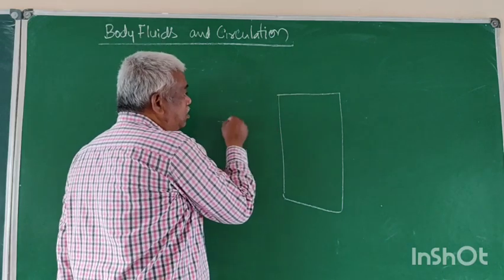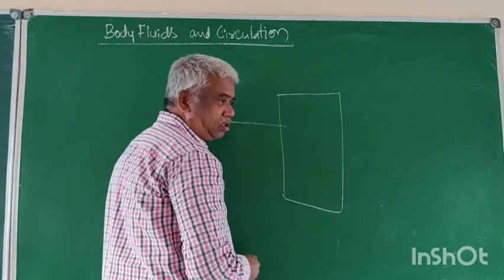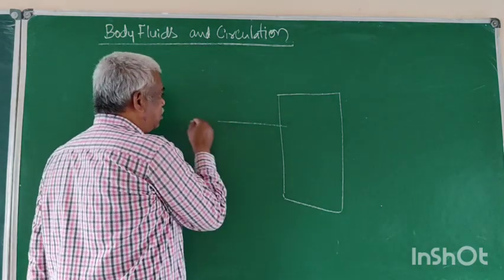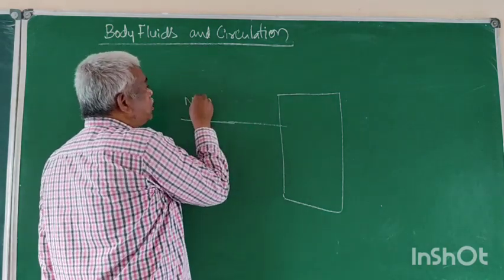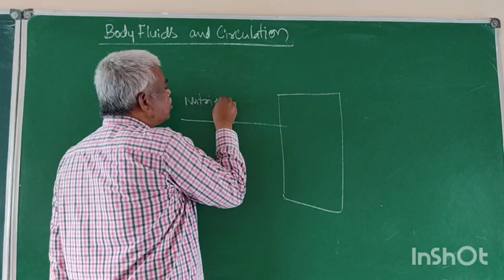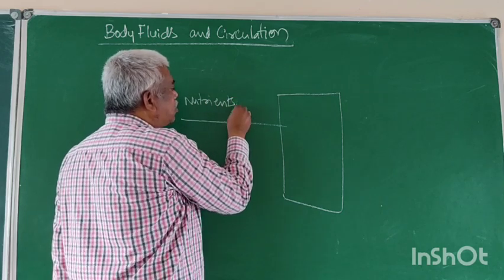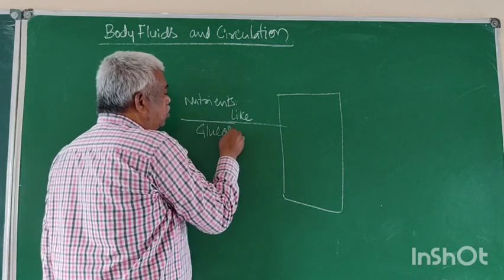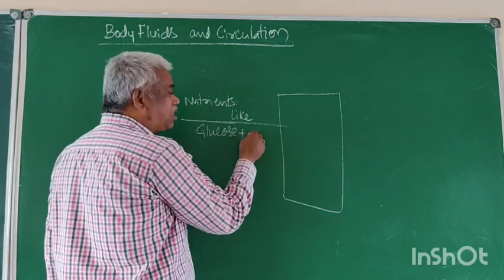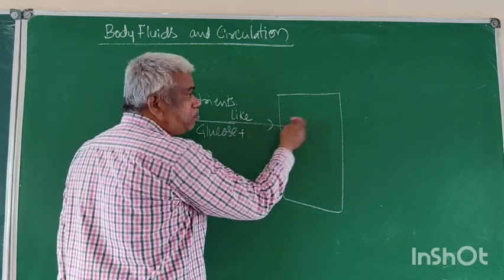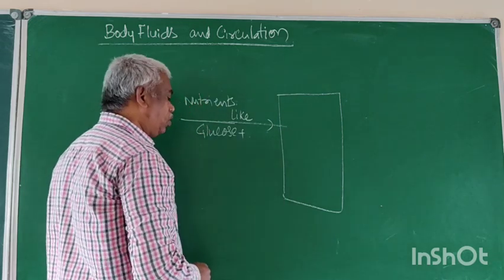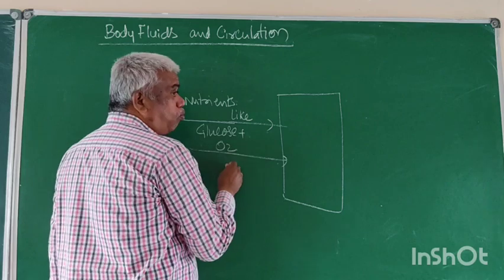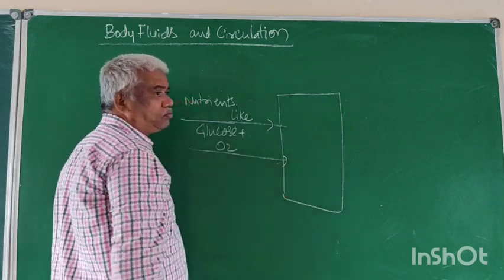For this energy, some nutrients like glucose, some other raw material will be supplied. Okay. And also O2 is also supplied. Okay.